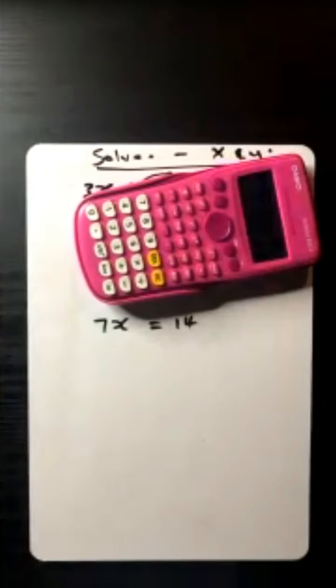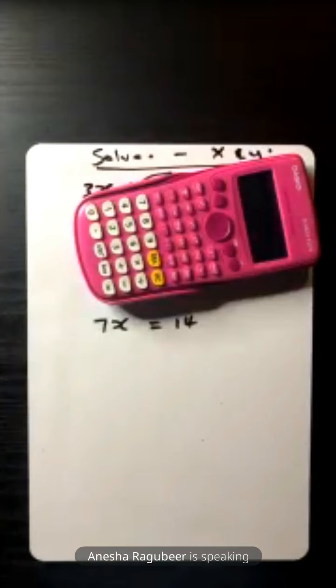Obviously, we have to solve for the unknown, which is x, isn't it? Yes, sir. But how do we solve for x in this case? So we have to see what gives us... divide our 7 into our 14, sir.